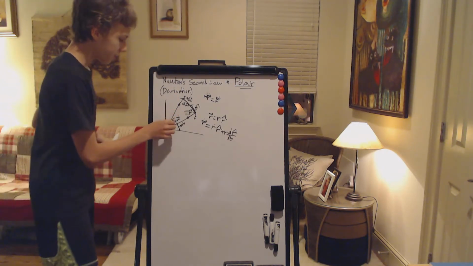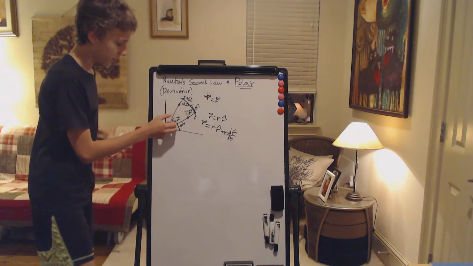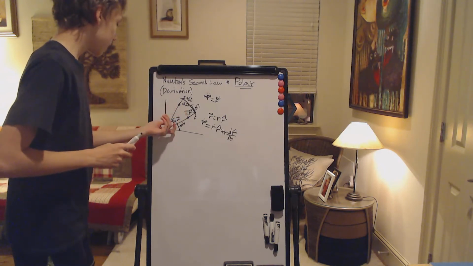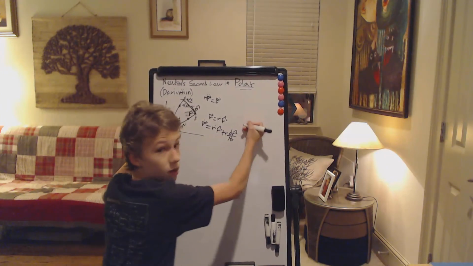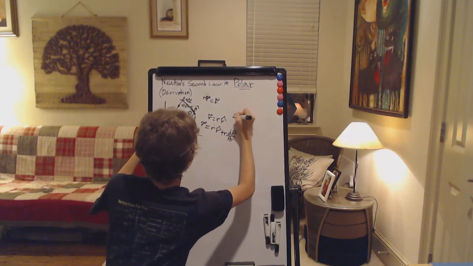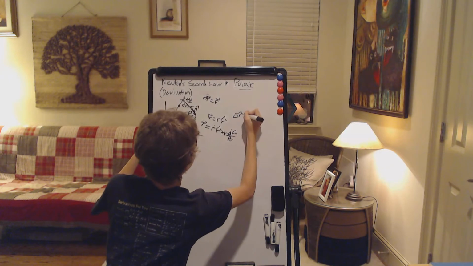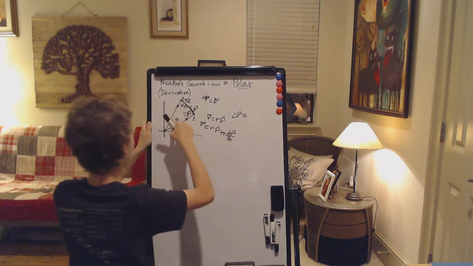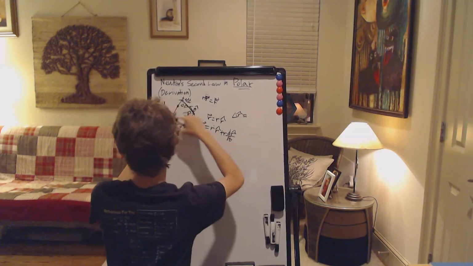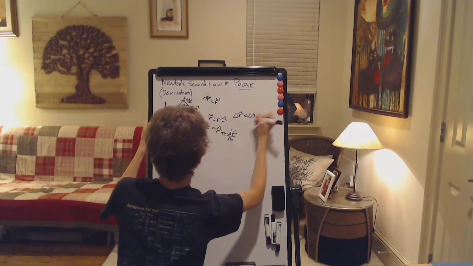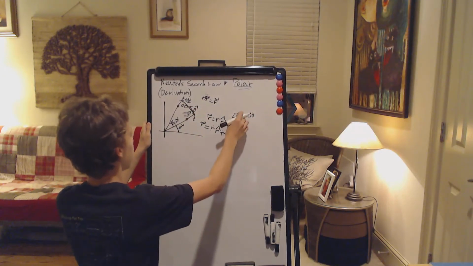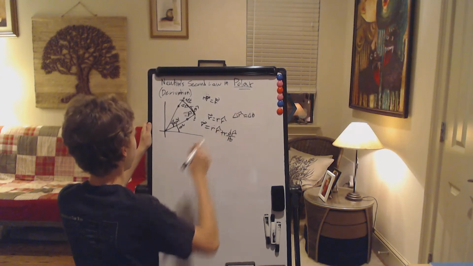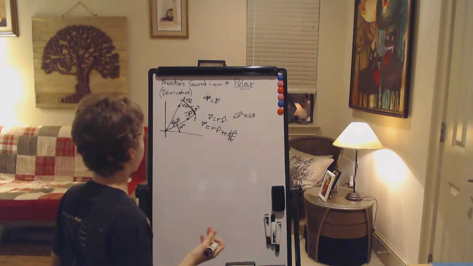Well, for small values of theta, we can consider delta r hat is approximately delta theta, and this is a vector quantity, so we need some kind of unit vector here.